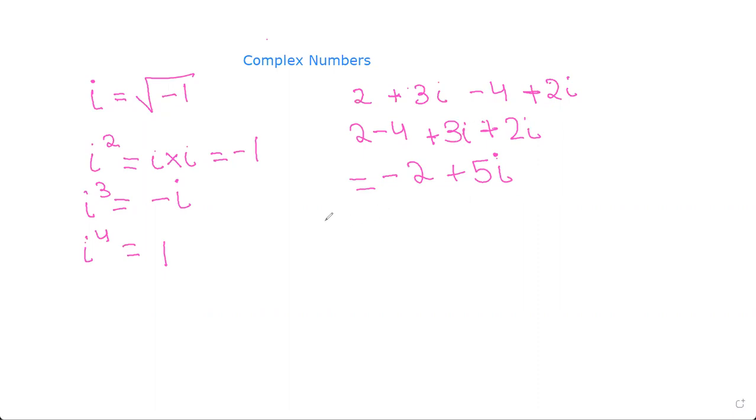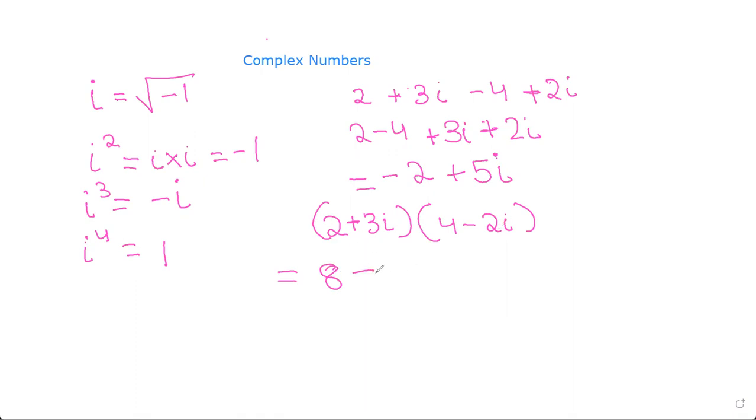Let's do a multiplication of imaginary numbers now, or complex numbers. 2 plus 3i into 4 minus 2i. So you just multiply 2 with 4, which is 8, just like regular multiplication.